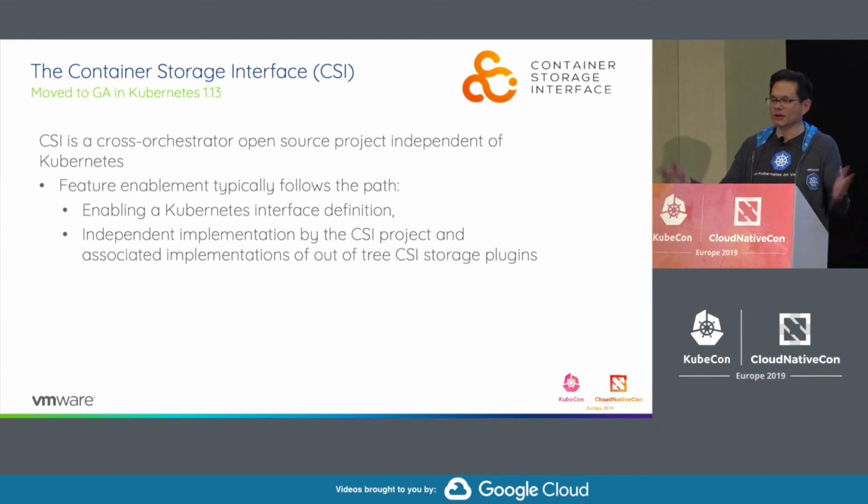And it goes through a cycle when new features are added, where the new feature related to storage might have people negotiate an interface expansion. Then Kubernetes has to support that interface. Then the storage plugins actually implement the out-of-tree end of this.